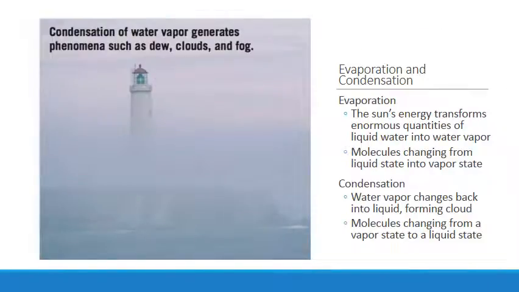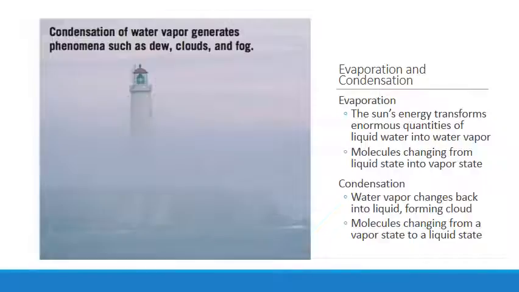Latent heat is also involved in evaporation, the process of converting liquid to gas. The energy absorbed by water molecules during evaporation is used to give them the motion they need to escape the surface of the liquid and become a gas.